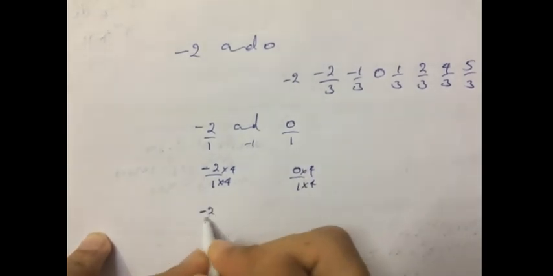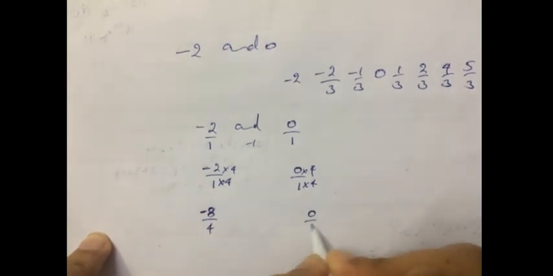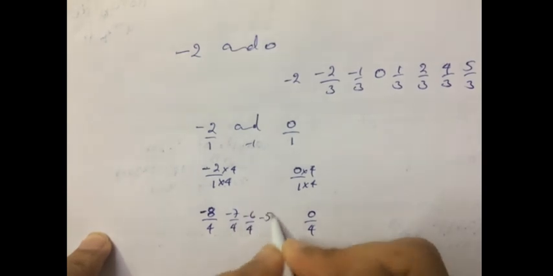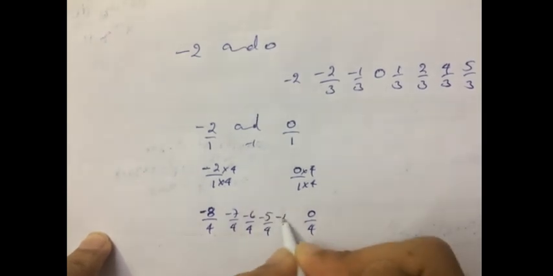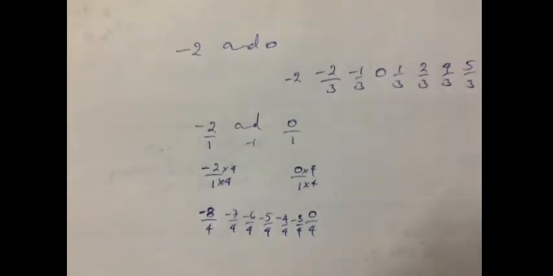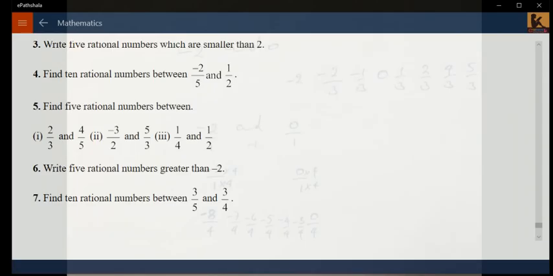So it will be minus 8 by 4 and 0 by 4. Minus 7 by 4, minus 6 by 4, minus 5 by 4, minus 4 by 4, minus 3 by 4. These 1, 2, 3, 4, 5, 6 are the numbers in between 0 and minus 2.